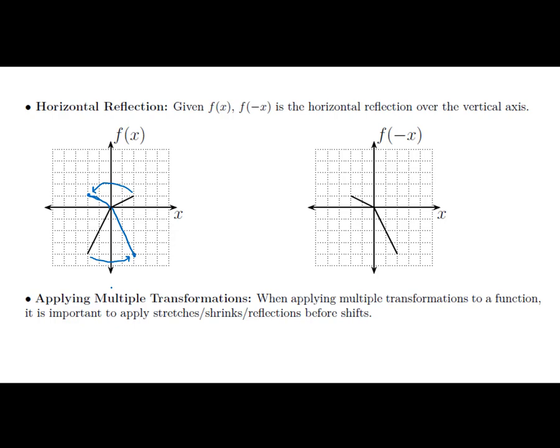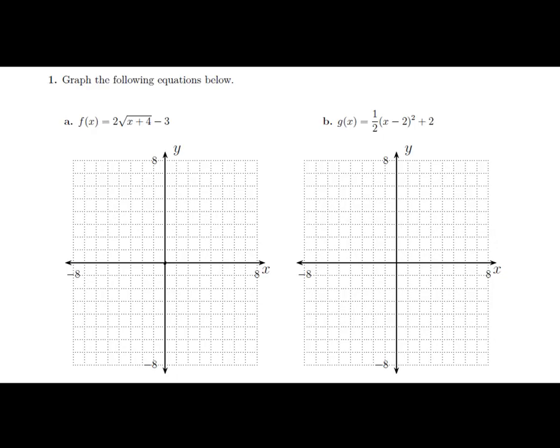That's really all you got to do. The reason is stretches, shrinks and reflections are all about multiplying or dividing things, and shifts are all about adding or subtracting things. So just following the order of operations, we do multiplication and division before any kind of addition or subtraction.